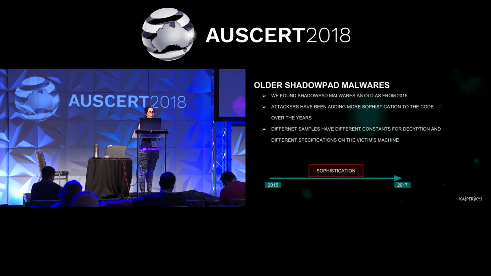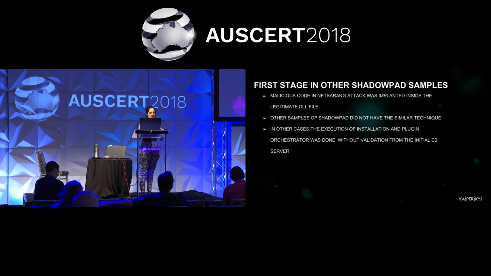Looking at the malware from 2015 till 2017, over time the attackers added more sophistication to the files, like the obfuscation technique that you saw, or the first stage that did the validation through the initial C2 server. But then different samples had different characteristics as well.